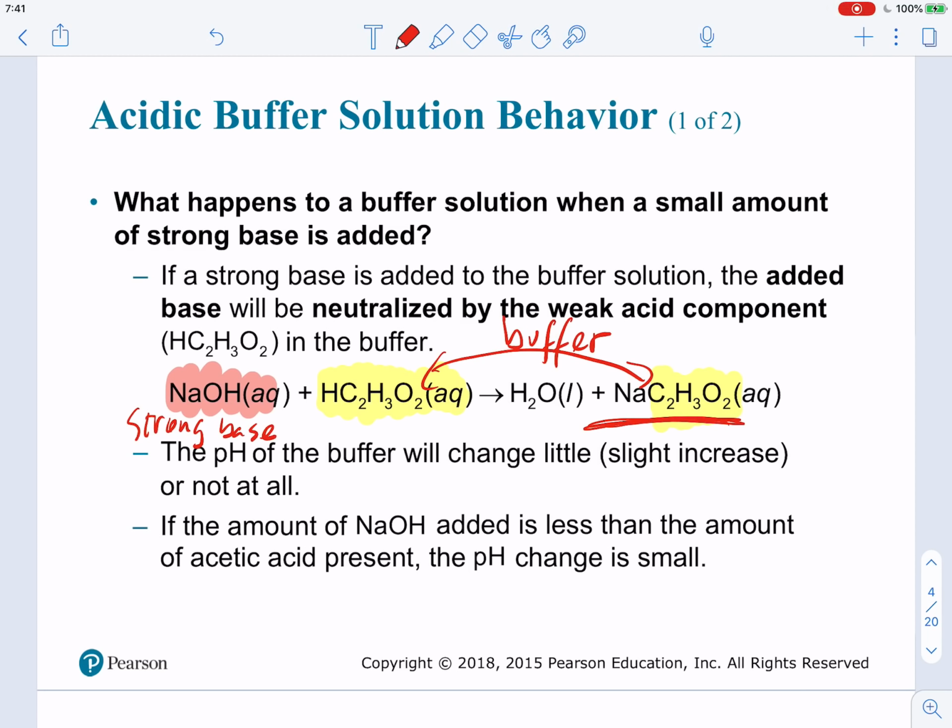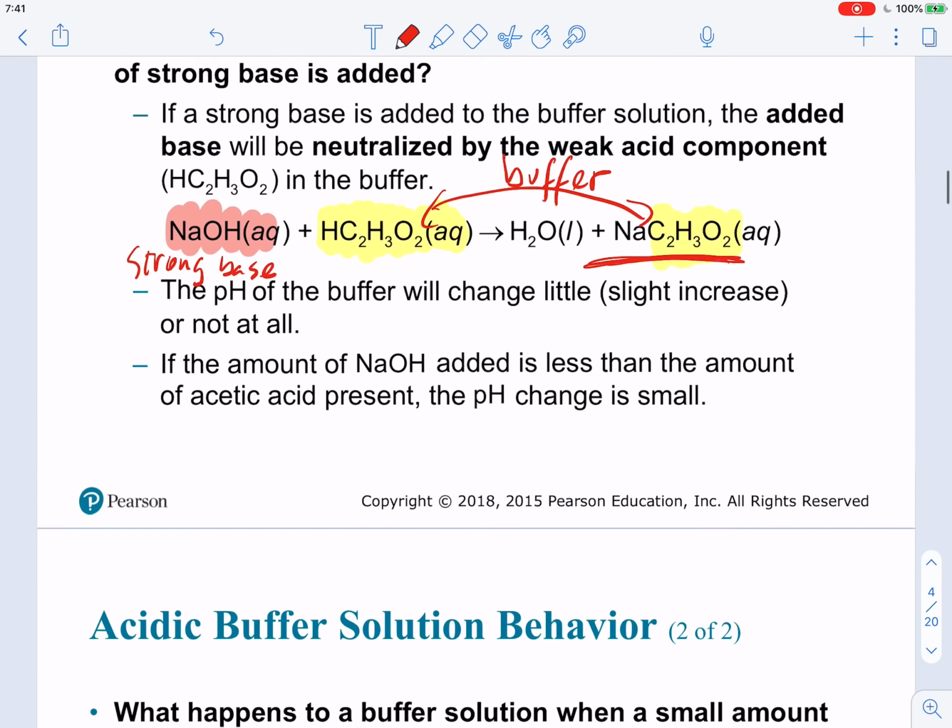How small is small? Well, it depends on the concentration of the acid, and it depends on how much base you add. And that change in pH is also compared to what that change in pH would be if you were adding just the base. So we will have an example later on. Okay?